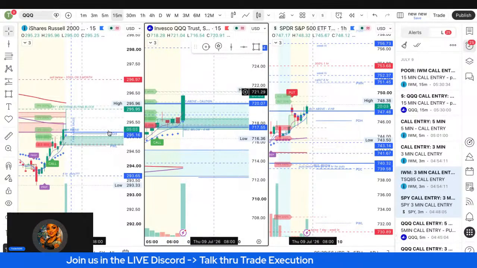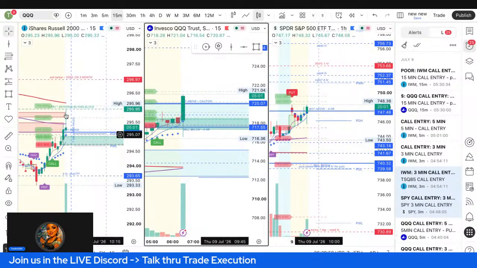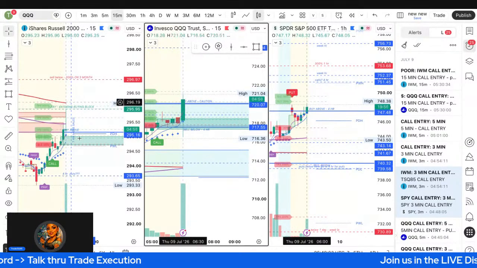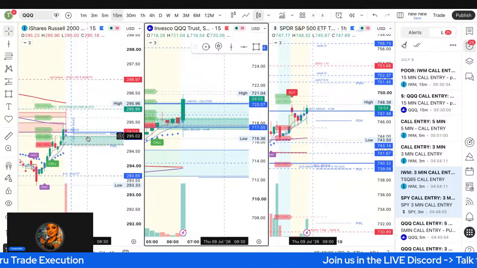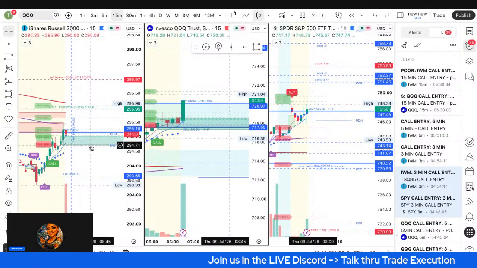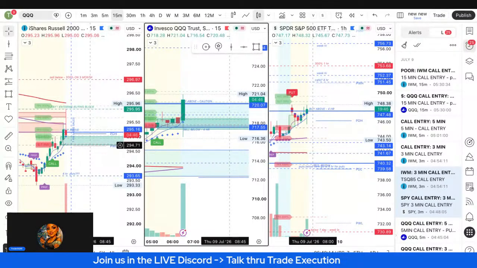Let's see what happens on IWM. We are rejecting this 200 moving average here, and it looks like we're starting to break below this previous day high. But if we invalidate this zone right here on IWM, okay.